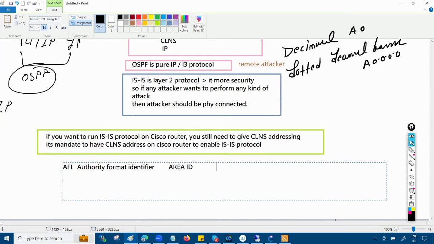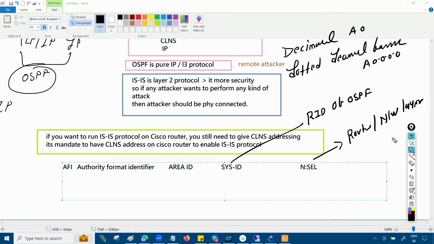The third part is called the system ID. You can compare this system ID with the router ID of your OSPF. And the last is the N selector. The N selector tells us that the mechanism we are doing with the ISS protocol is for the router, the network layer.